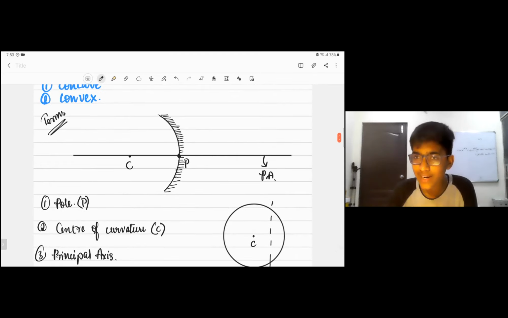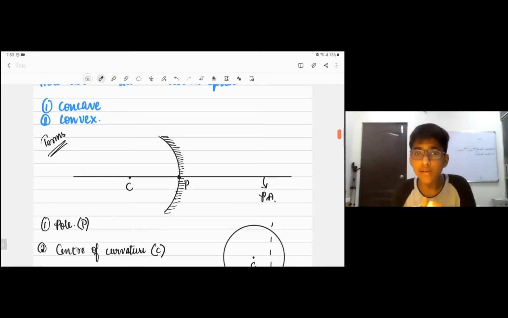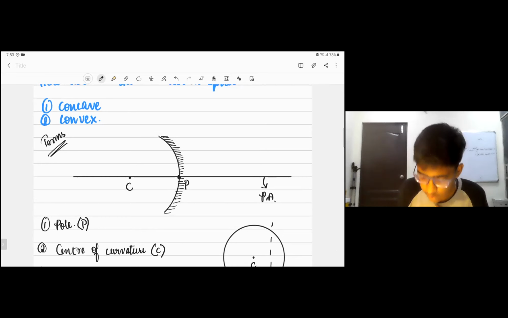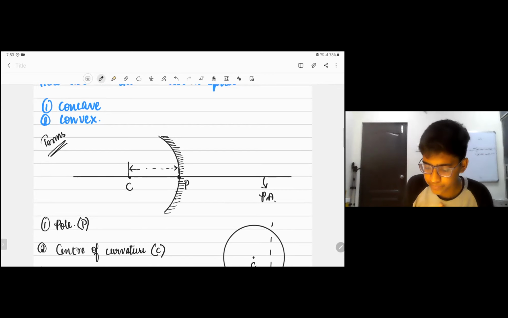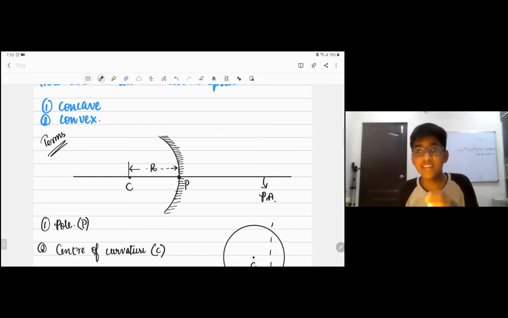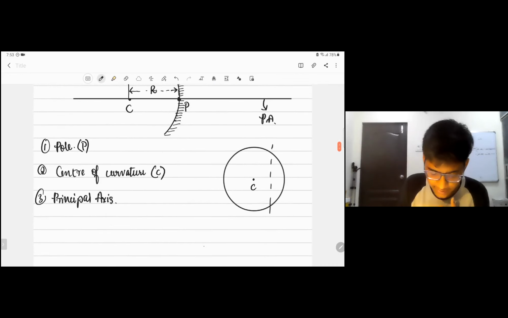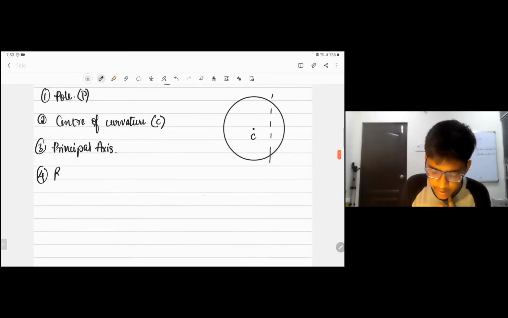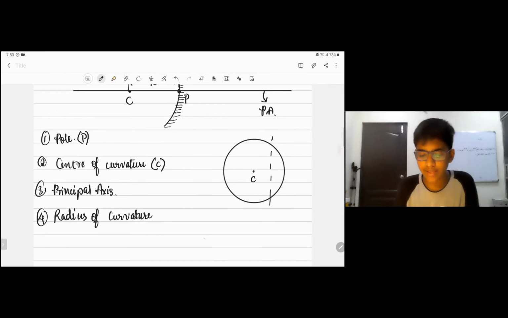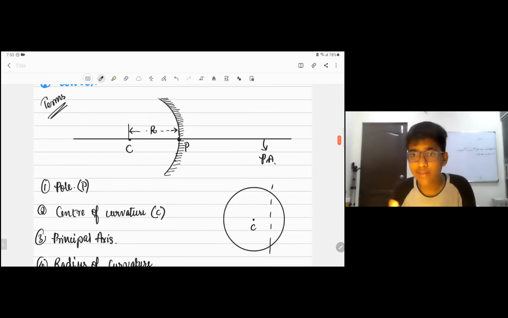Here also the spherical mirrors have a radius. From the center of curvature to the pole, this distance is called the radius of curvature. So the fourth term we have learned today is radius of curvature.